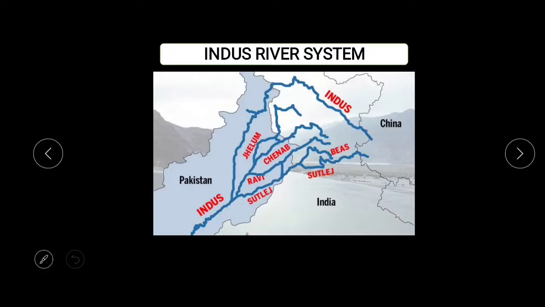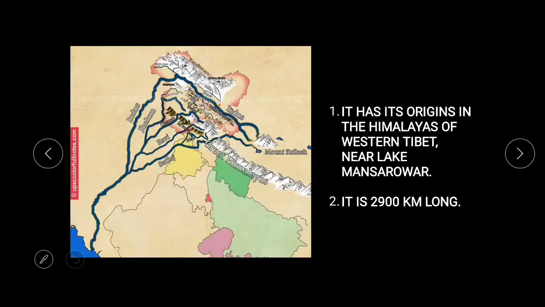You can see and check out the magnitude of the Indus River. These blue lining areas are the rivers, the Indus and its tributaries, forming the Indus. Next, the river Indus has its origin in western Tibet in the Himalayas, near Lake Mansarovar.